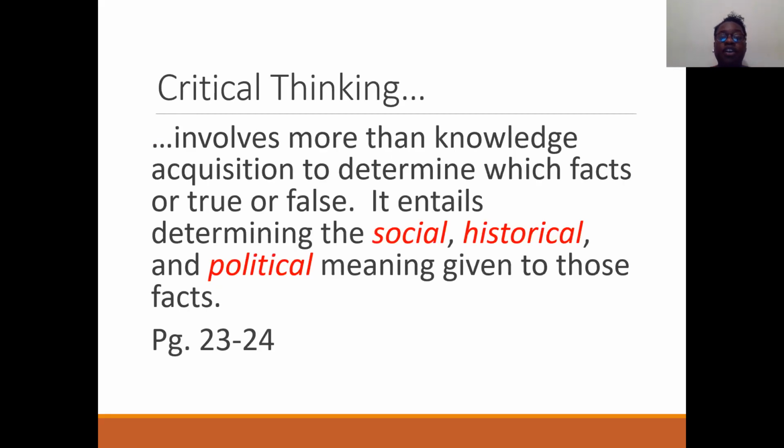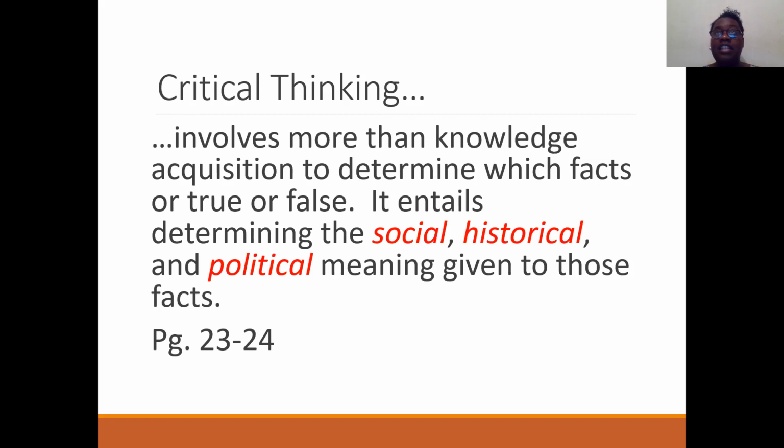Critical thinking involves more than knowledge acquisition to determine which facts are true or false. It entails determining the social, historical, and political meaning that are given to facts. Remember in class, I told you that I'm not going to tell you what to think, but I'm going to help you start thinking about what you're thinking about while you're thinking about it.